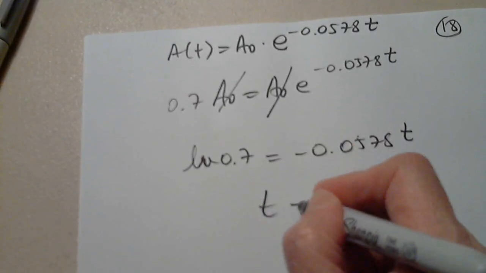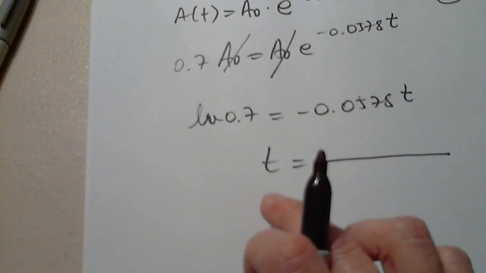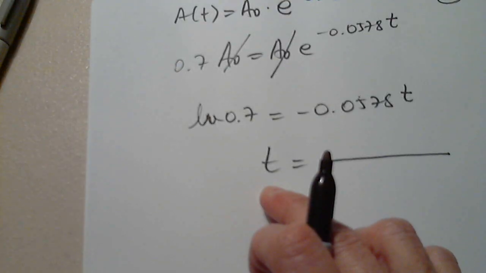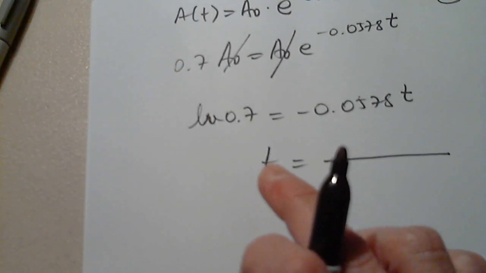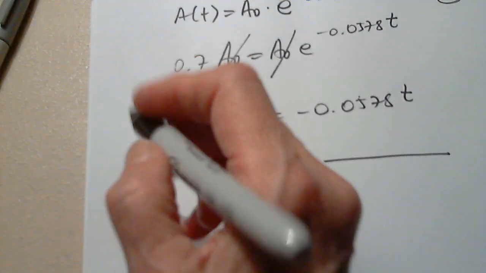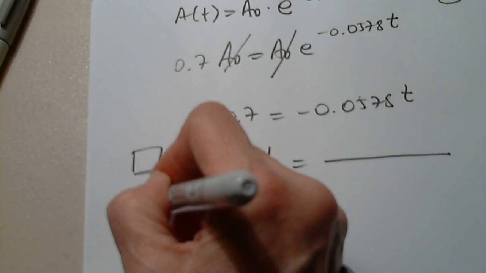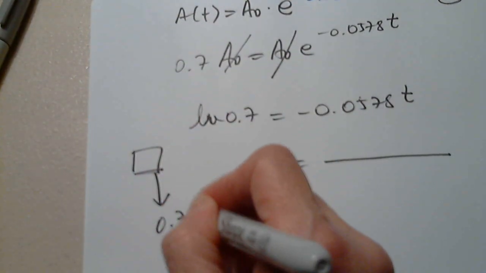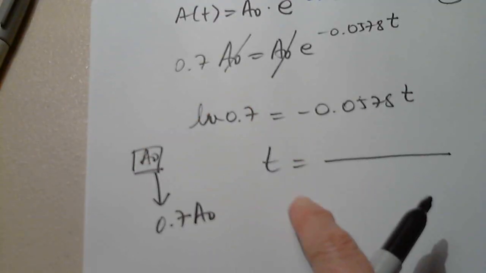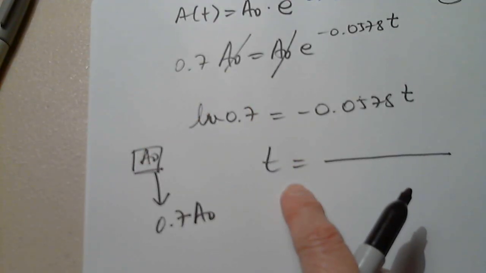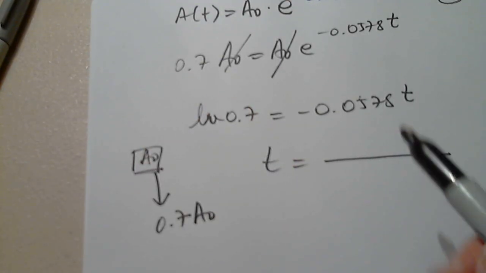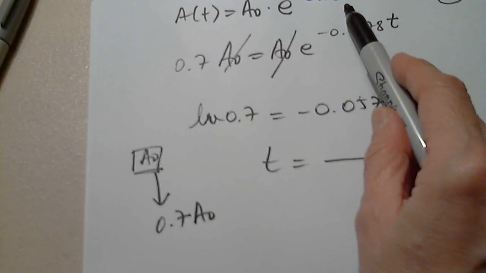And I divide. This better be a positive number, because this is the time required for this quantity to become 0.7 of that quantity. The time always has to be positive, just the decay rate is negative.